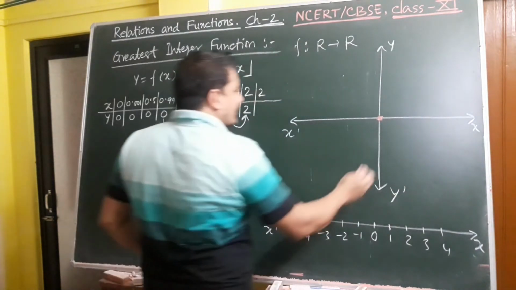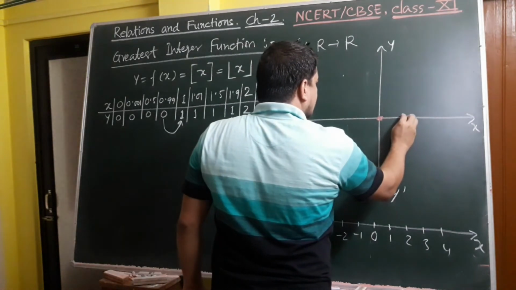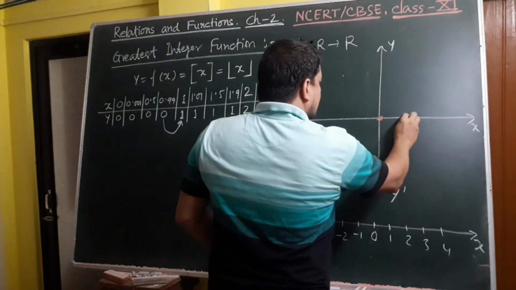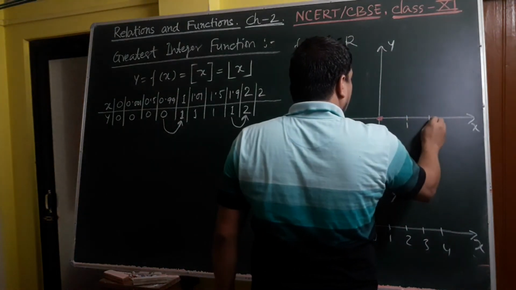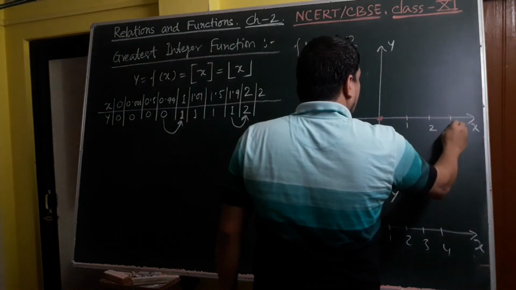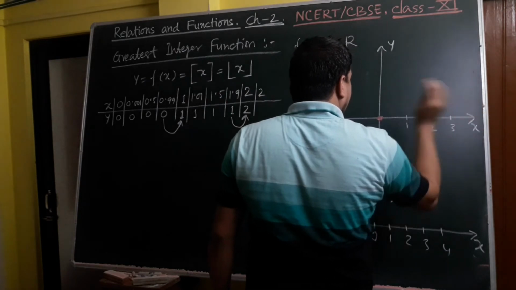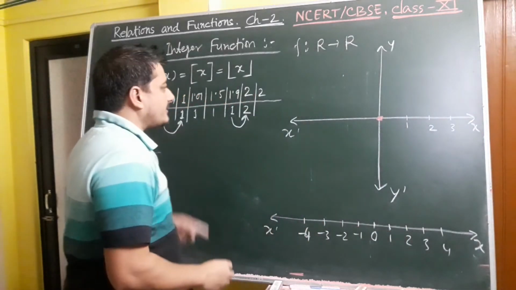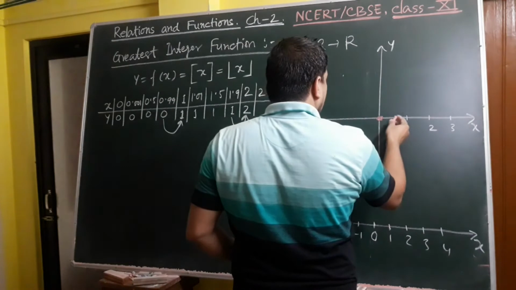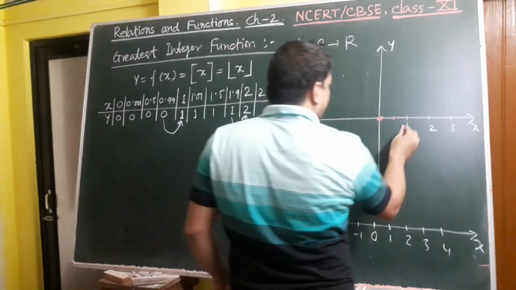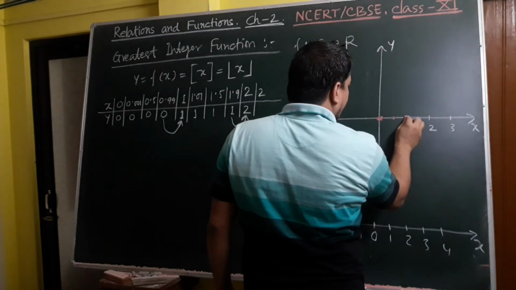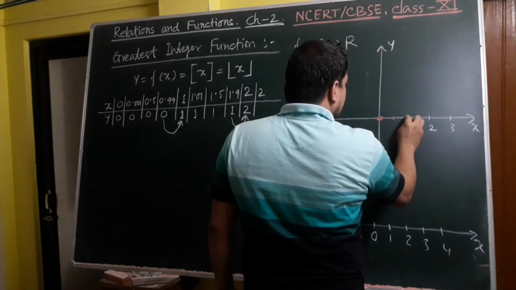Then 0.5, it is 0. Then 0.99 also 0, slightly left from 1. So here also it is 0.